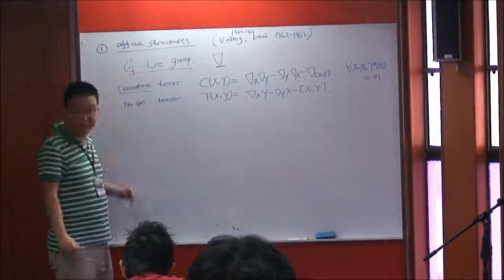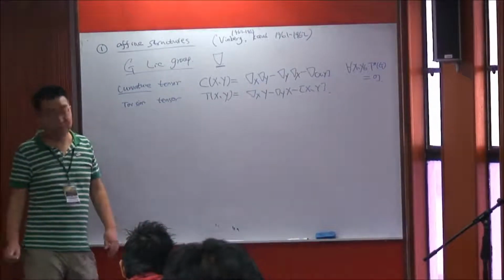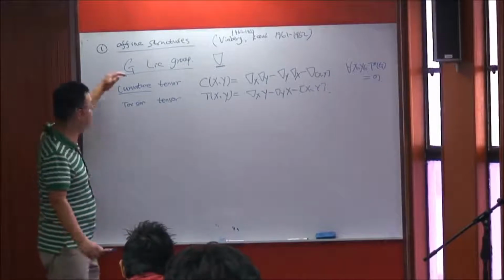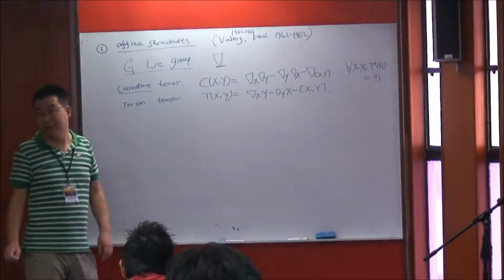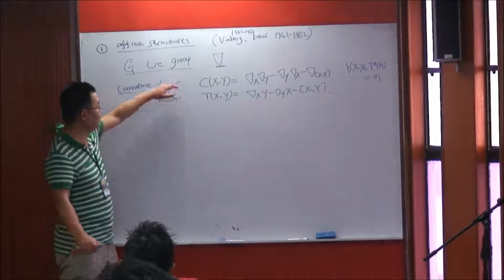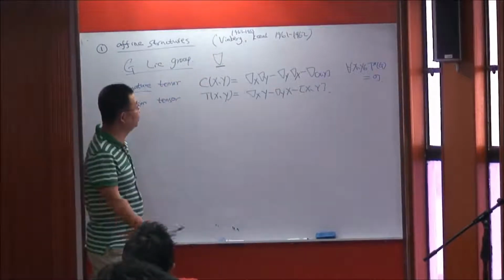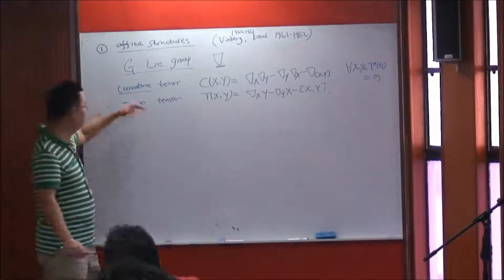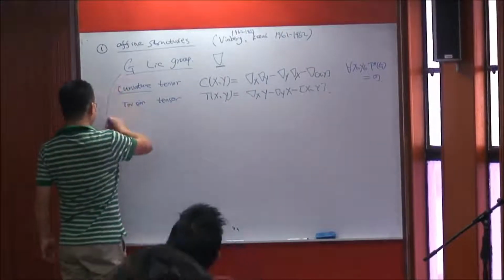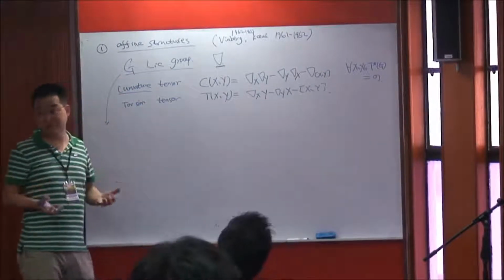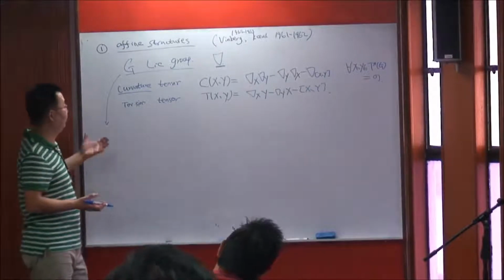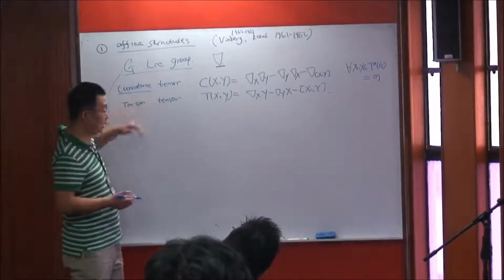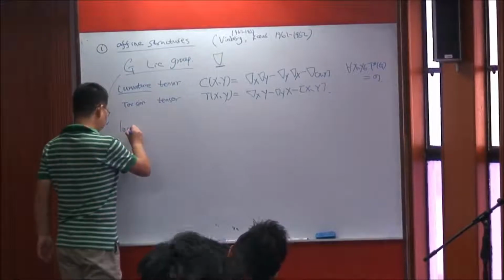Usually we ask G to have a Riemannian metric, so the connection needs to be the Levi-Civita connection. The simplest example of such a structure is the local flat connection.